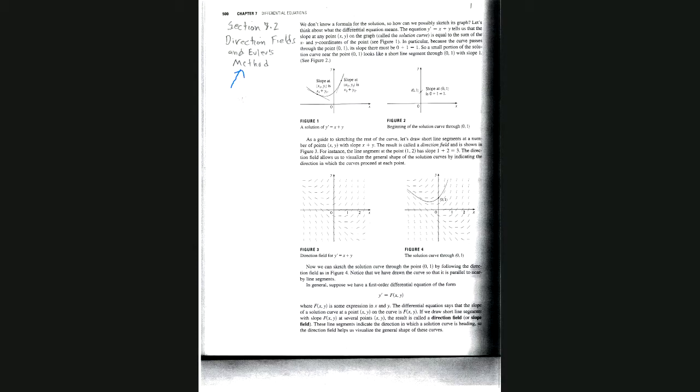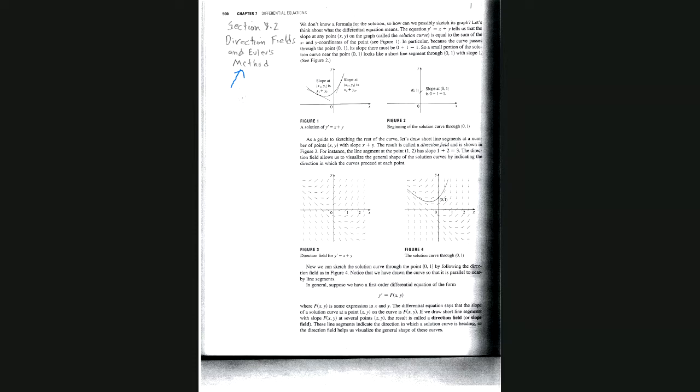But it's a fact that there are many differential equations that cannot be solved. You cannot formally find a solution to some differential equations. But just because you can't find a solution doesn't mean you can't understand what solutions look like.